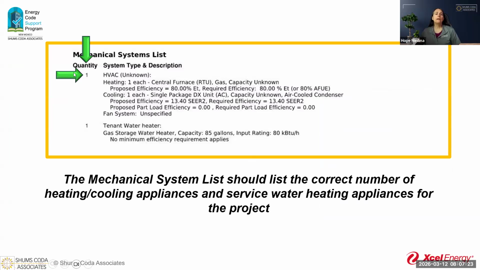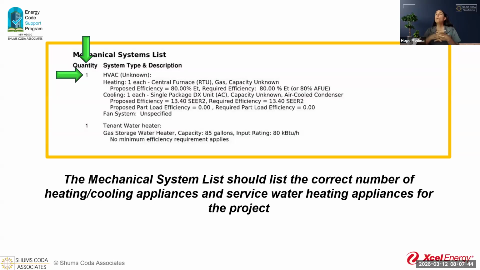So right here, it lets us know the quantity of this system, because let's face it, especially when we're talking commercial, sometimes we don't have a single system getting utilized. Sometimes we have multiple ones dealing with a building.